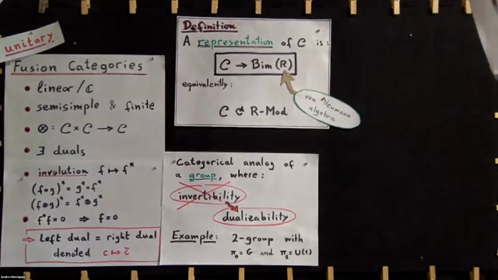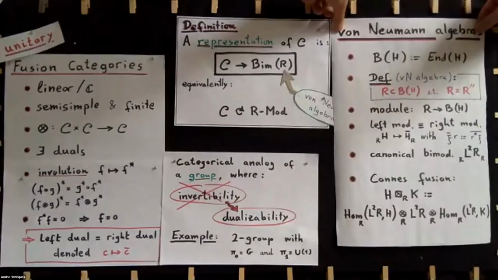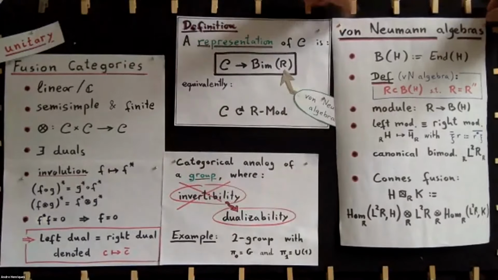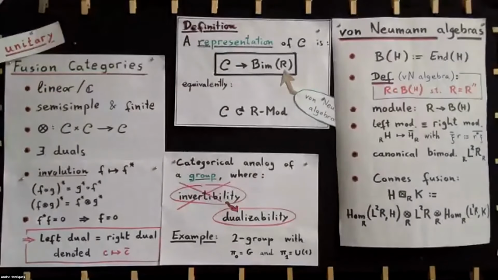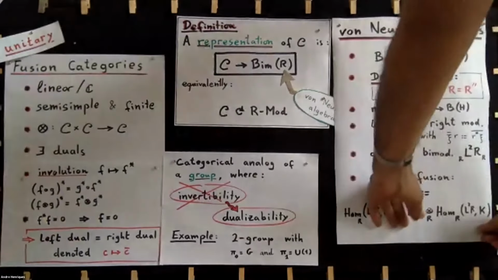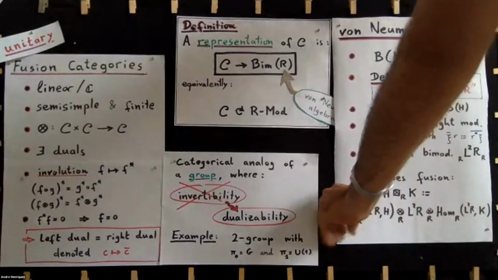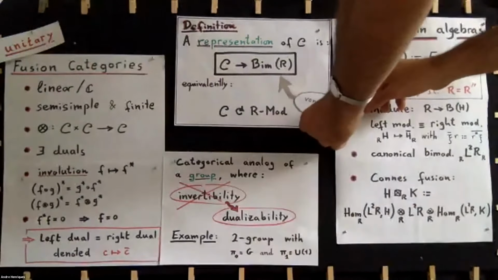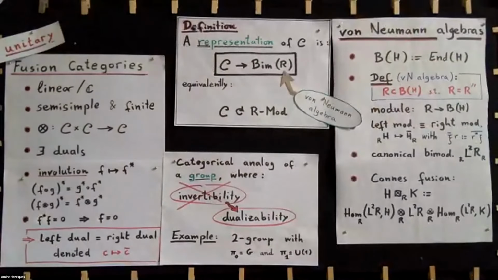So for those who need a bit of a mini course on von Neumann algebras, here are the relevant facts that will allow you to follow what I'm saying today. Okay, so a von Neumann algebra is a type of algebra over the complex numbers, which is an algebra that can be represented by operators on a Hilbert space.